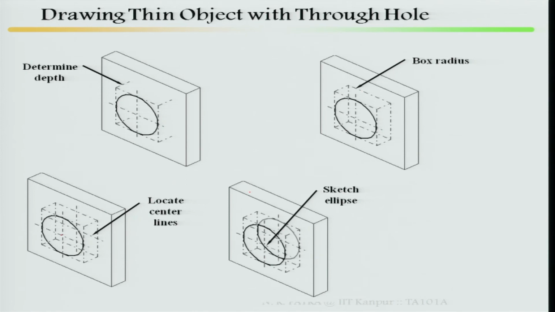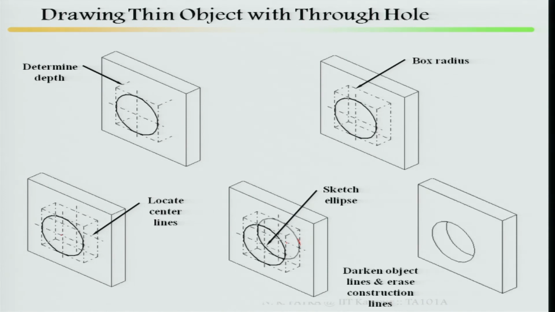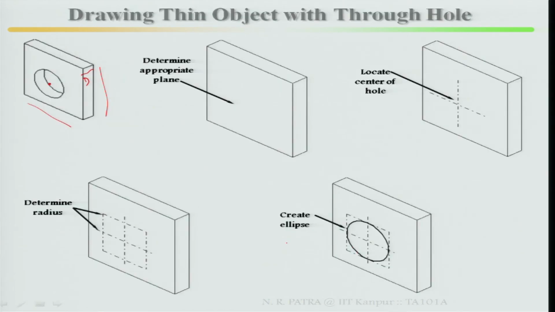Once you sketch the ellipse, look here: this ellipse has been created in the front or frontal plane, and this ellipse has been created on the rear or back face. Then, looking at the feature, go to the first slide and see how it looks. One ellipse is full, the other ellipse is only partly visible, because this is slightly inclined.